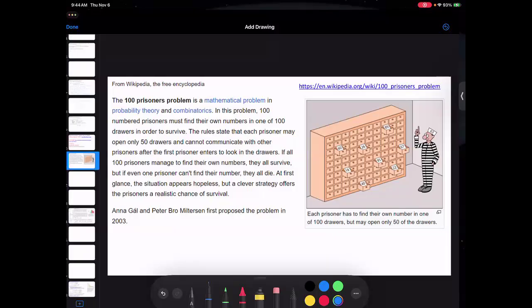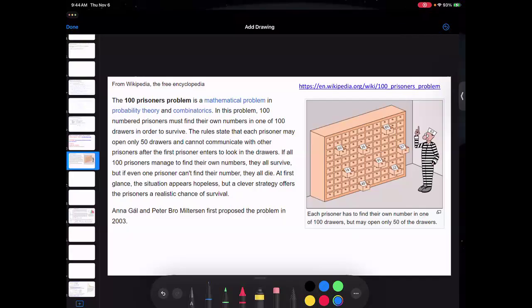So they can only open 50 drawers. If all 100 prisoners manage to find their own numbers, they all survive. If even one prisoner fails, they all die. At first glance, this should look hopeless, or almost hopeless, essentially hopeless.